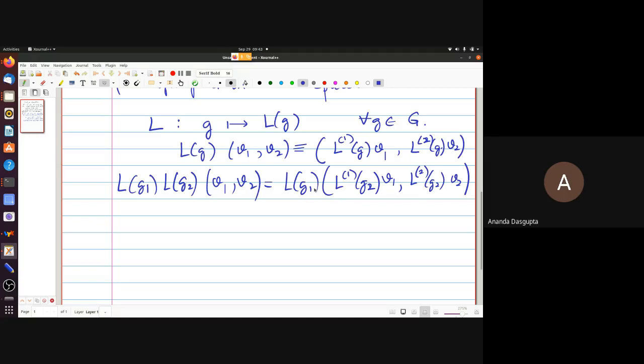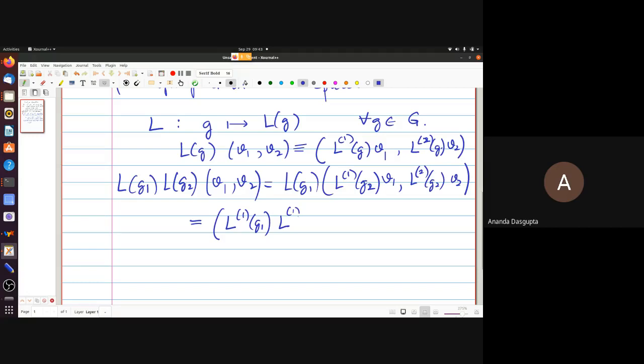The labels 1 and 2 on the G's are simply labels of which group element you're talking about. Anyway, so this is what LG2 does, right? It makes L1G2 act on V1, L2G2 act on V2. Then you will apply LG1 on this resulting thing, which is going to be L1G1 acting on whatever is here.